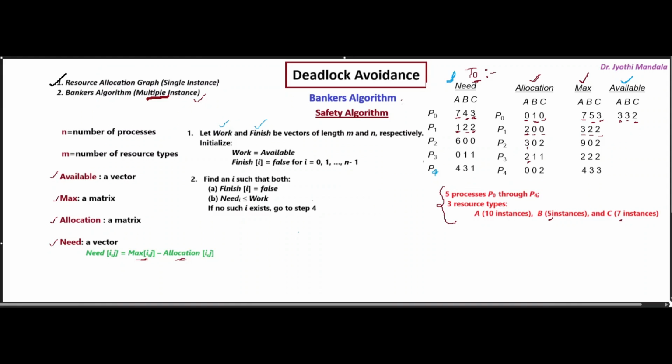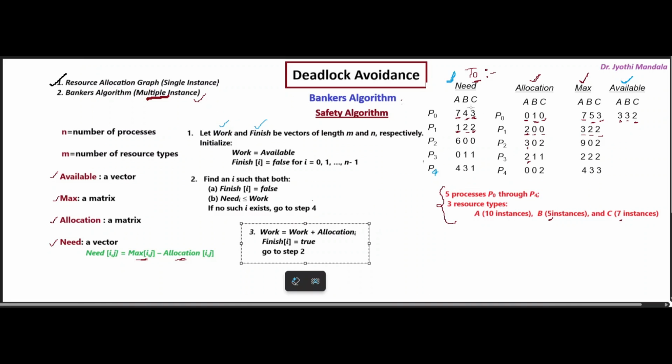And what is the third step? If these two conditions are satisfied, then go with the third step. What is that? Work equals work plus allocation. That means if need is less than available, the requested resources are available, so that many resources can be assigned to that process and it can finish its execution.